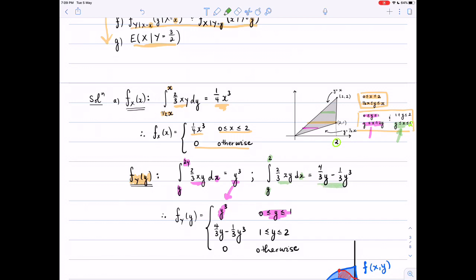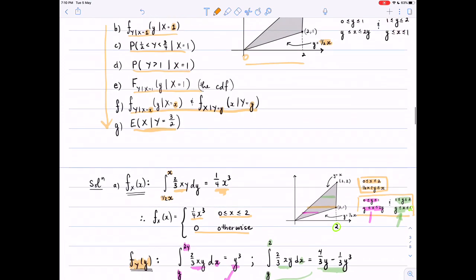You notice that's a different formula. Well, that's okay because it applies for different y values. From y is 1 to 2, we use this formula here, and then we've got 0 otherwise. So we have different intervals for y that we have to be a little bit careful about here for the marginal density function. That was the first one.